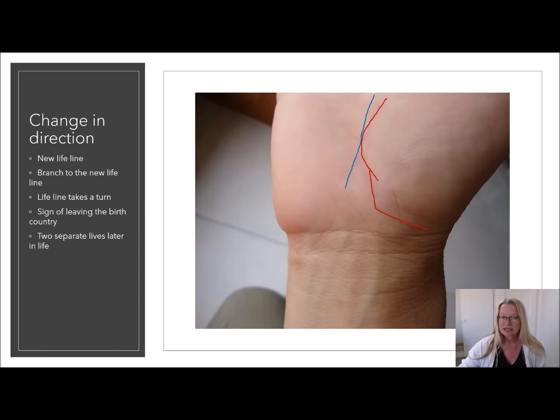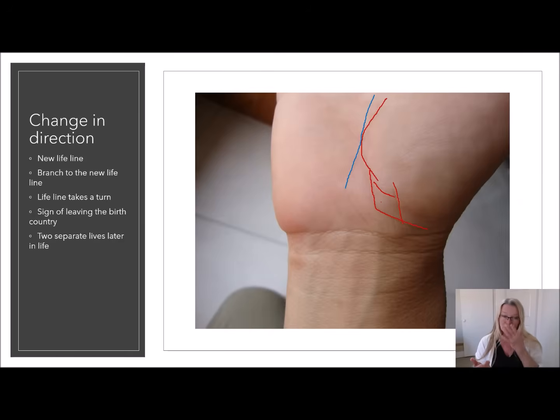Because there's a second lifeline here, a sister line, that can represent for a period that the person is living two separate lives. It could be somebody who has two homes. They may have one home in one country, another one in another, and they may travel between the two. And the sign here that there is a branch towards that other line shows that there's a connection between those two lives.